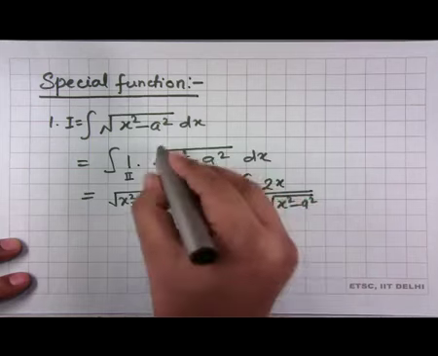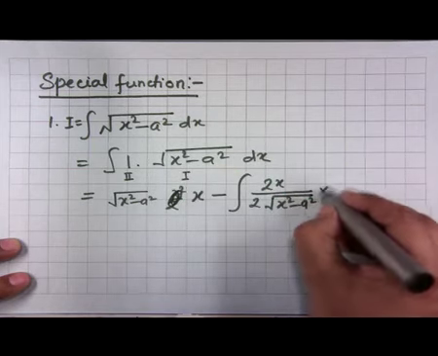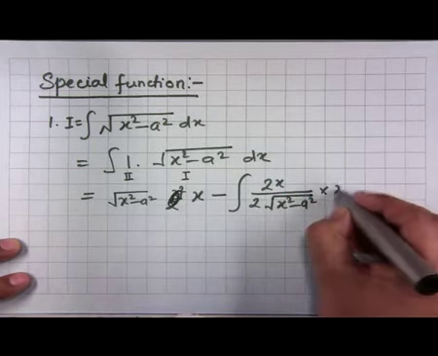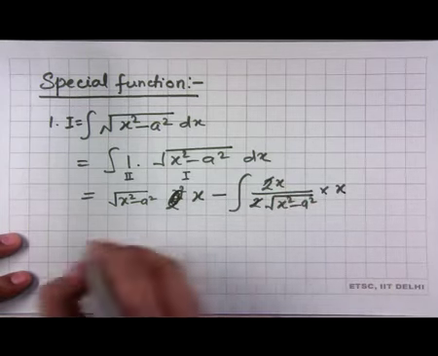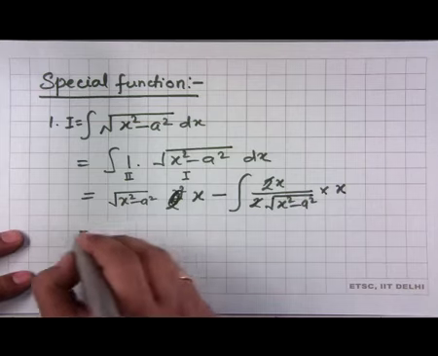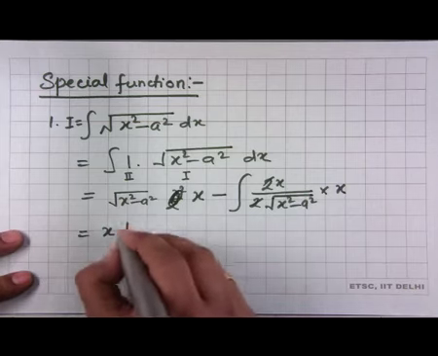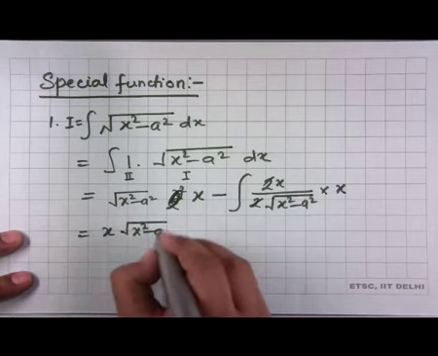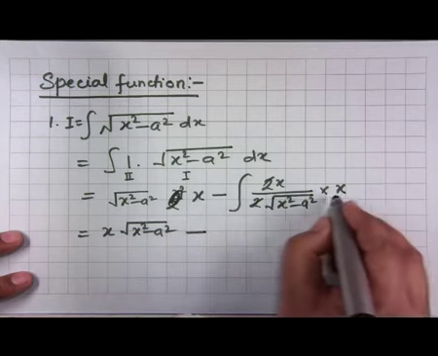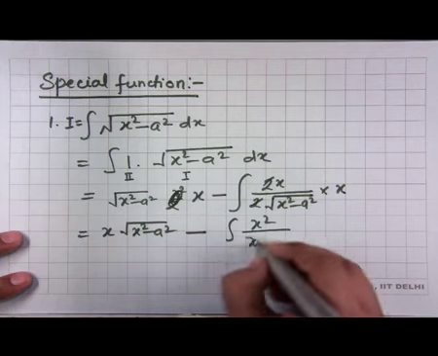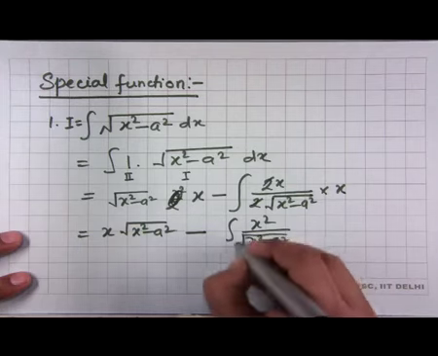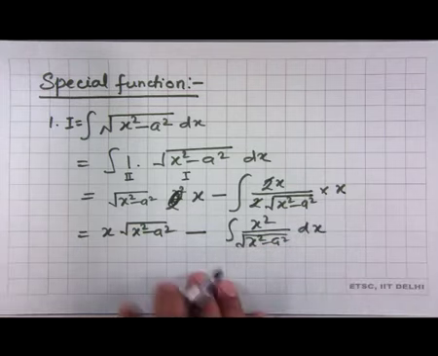This is the differentiation of the first function, multiplied by the integration of the second, which is x. This 2 gets cancelled with this 2, and here you will get x square. So, you will get x square root of x square minus a square minus integration of x square over square root of x square minus a square dx.